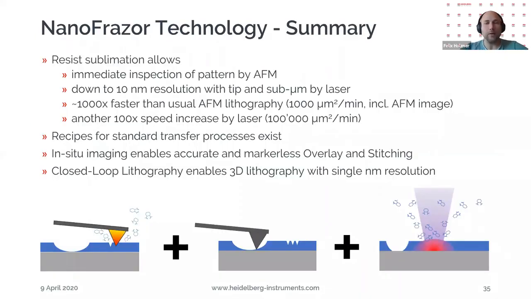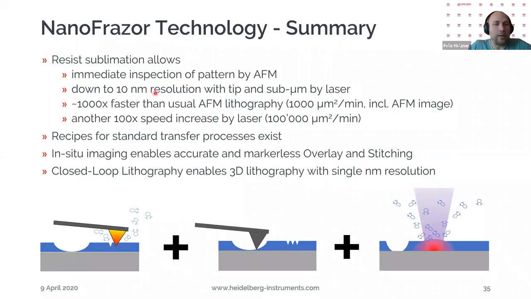Okay, I come to my end. I want to summarize the key take-home messages for you. So the standard NanoFrazor technology, removing resist, allows, first of all, and this is the key thing, that you can immediately inspect what you have removed, which in my opinion is absolutely crucial to be reliable.